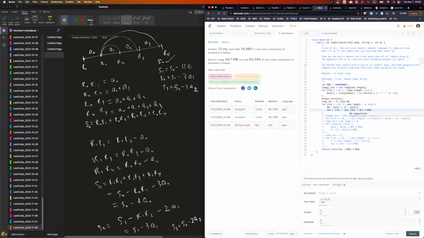So position.length minus i minus 1, because position is 5 minus 1. Well, I start with 0, so minus 1 is 4. So we have the 1 time called, 2 time called, 3 time called, 4 time called.